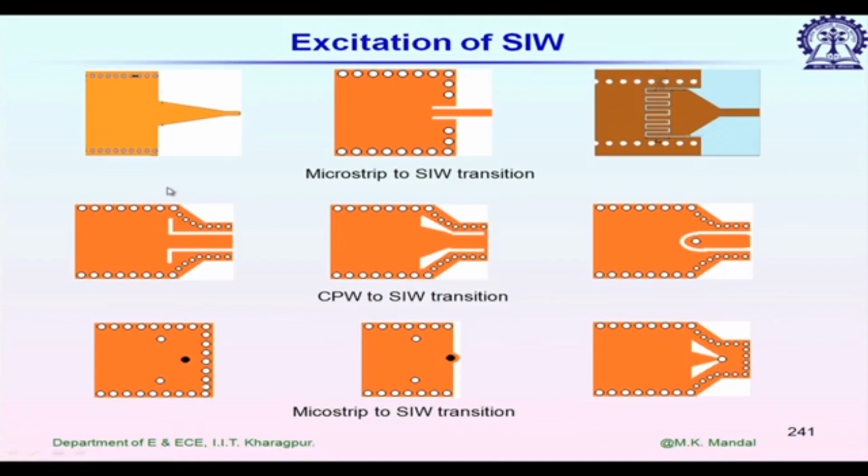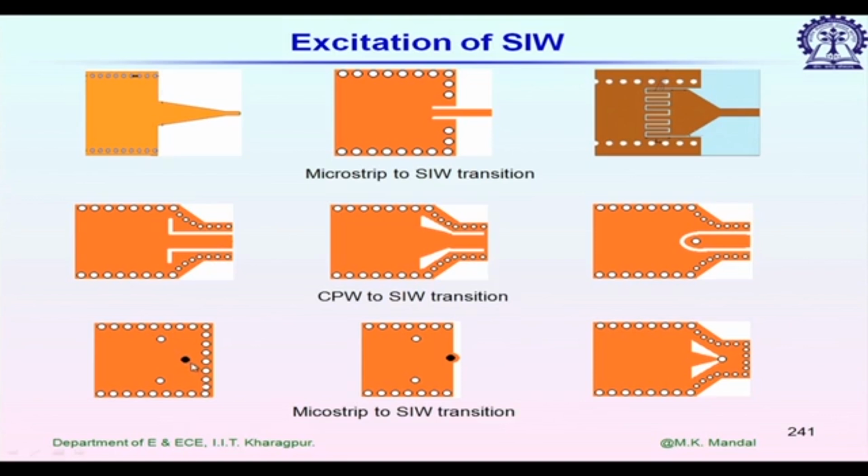Now, excitation of substrate integrated waveguide from microstrip line, from CPW line, and from coaxial cables. There are different techniques reported in literature for millimeter wave applications. So, for all of these 9 designs, the very basic things are 2 points.